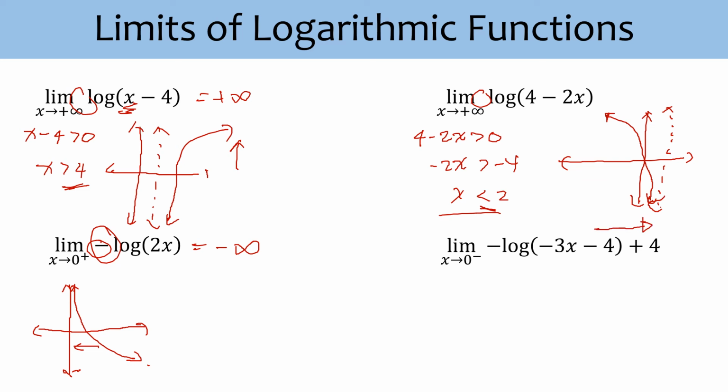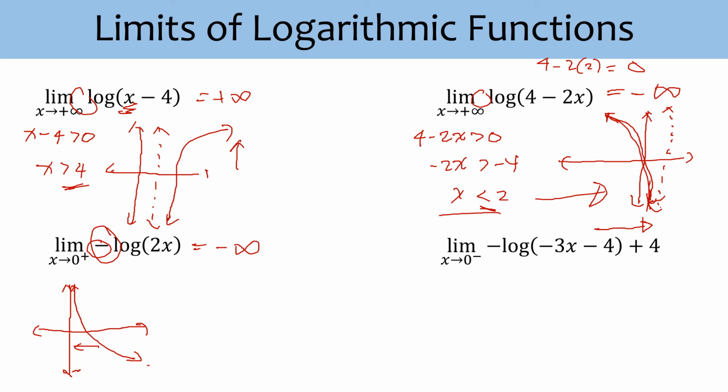The function is actually still going down, even if we go past 2, which is something that should not happen, because we can't really take values that are less than 2, because that becomes 4 minus 2 times 2, which is 0. The argument of a logarithm should always be positive, meaning greater than 0. So therefore that should be undefined, but just basing off the behavior of the function as we go to the left or to the right, the function is going to negative infinity, because it goes down.